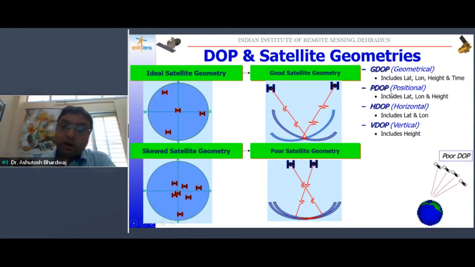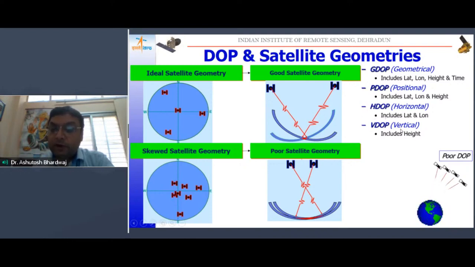Now, if we are talking about the accuracy of latitude, longitude, height, and time together, then we refer to it as geometrical dilution of precision. If we are interested in latitude, longitude, and height, then we refer to it as positional dilution of precision. If our interest is in the planimetry, that is the x and y only, that is the latitude, longitude, then we use horizontal dilution of precision.